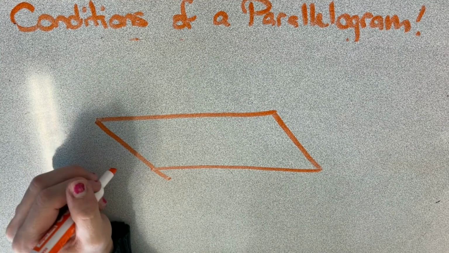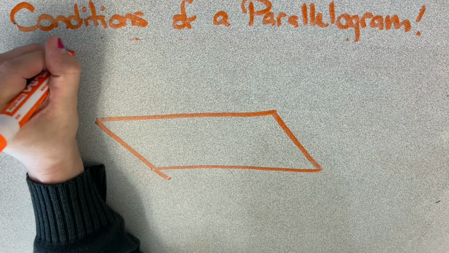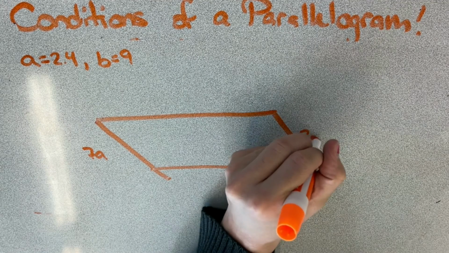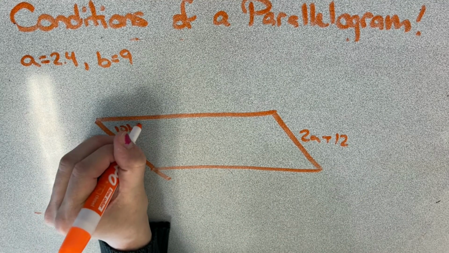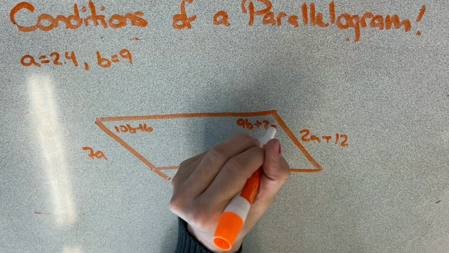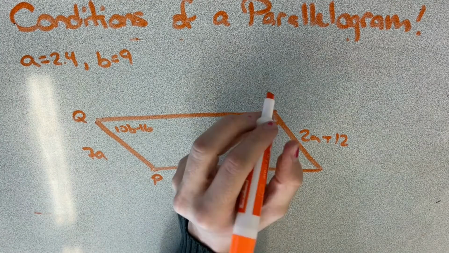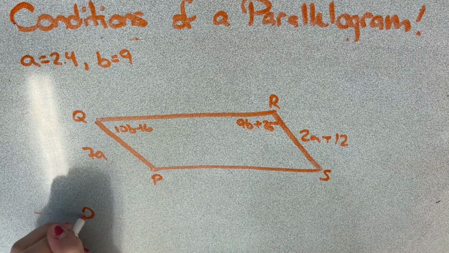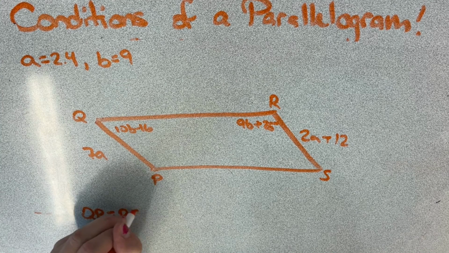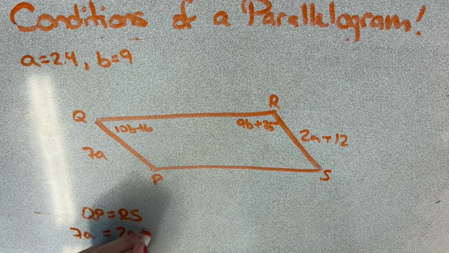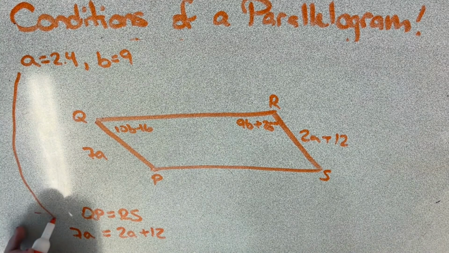All right, one more example. Here we're given some values. We're told A is 2.4, B is 9. We're given some expressions about segment lengths and angles. We need to verify that this is a parallelogram. So what we're going to do is we're just going to verify that if A is 2.4, that our sides are congruent, right? Does 7A actually equal 2A plus 12?